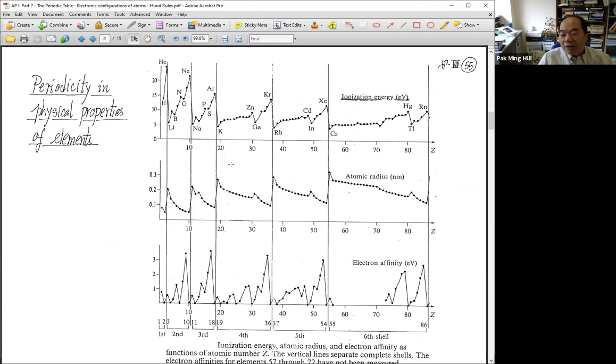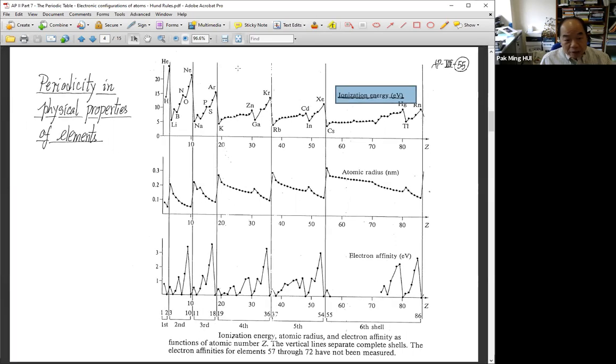So it will be good to look at some periodic properties. Here I show you several. The most noticeable is the ionization energy. It is actually called the first ionization energy, meaning you take a neutral atom and look for the energy required to take out the least bound electron.